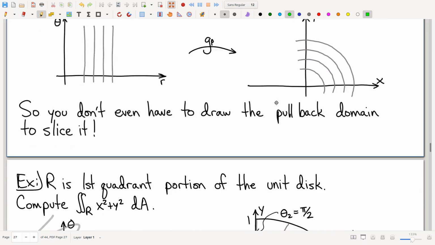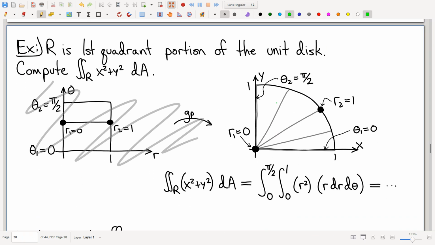Let me show you an example. This is the exact same example that we just did. We already have the answer. We know what the answer is, but let's think through the slicing process. Sure, I can imagine that I'm looking at that theta slice right there, but I can see it right here just as well.